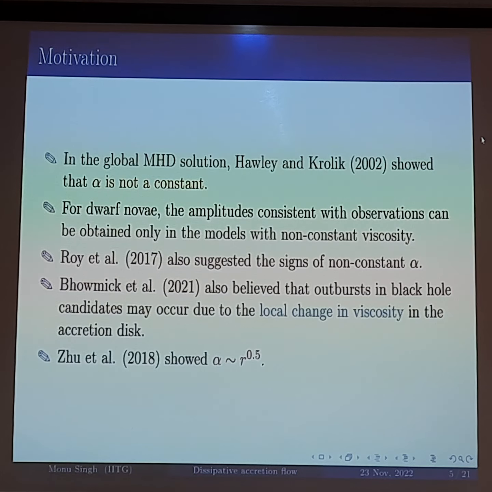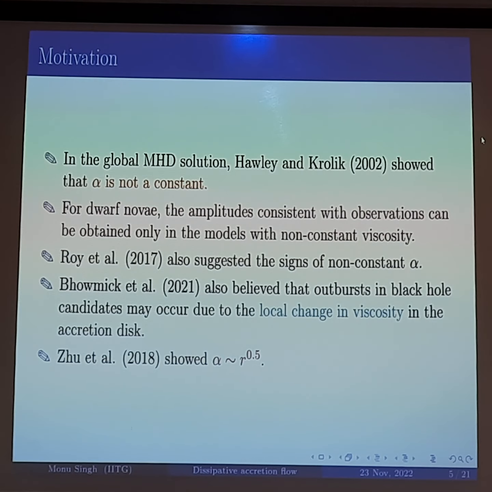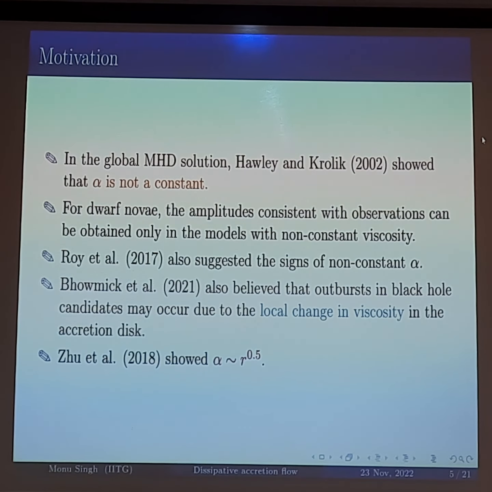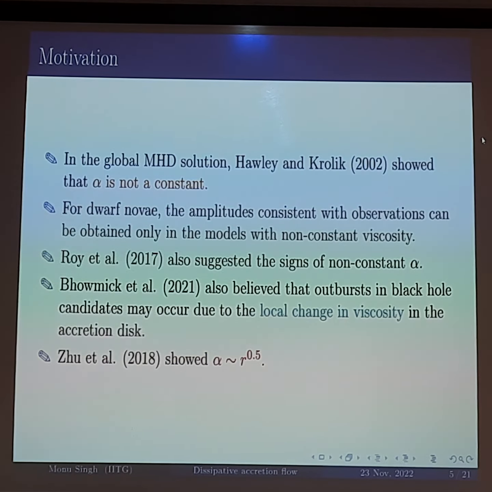So here our main goal is to understand, if we consider this alpha to be non-constant, how the dynamics of the accretion flow is dictated. As I said, these people showed alpha might vary like this.